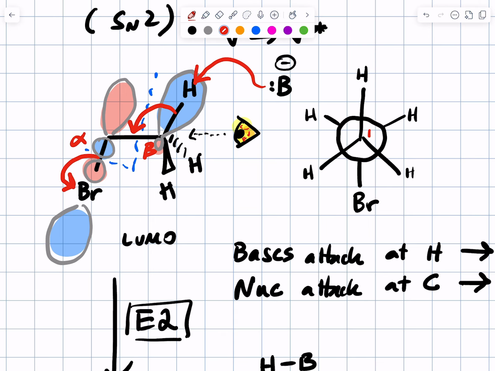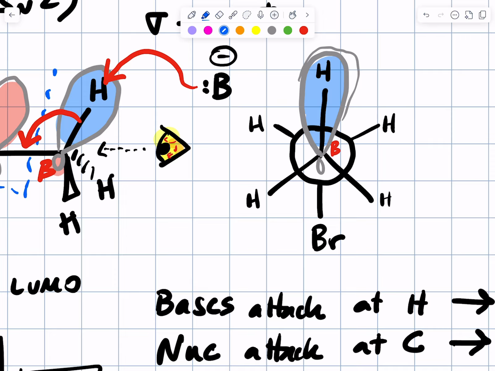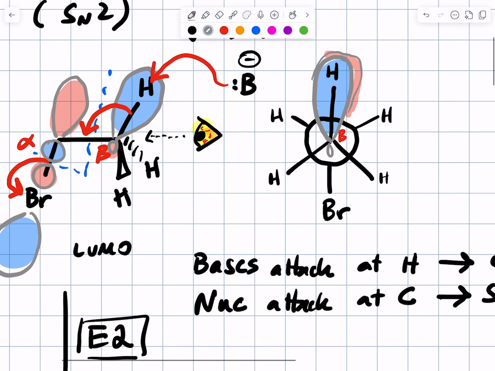This is the beta carbon, the alpha carbon's in the back. And LUMO only spreads out onto this beta proton when it is lined up with the sigma star. So there's this requirement for hyperconjugation that the filled orbital has to line up with the empty orbital. I'm going to try to represent that just by filling in the colors in the drawing that we have over on the left.